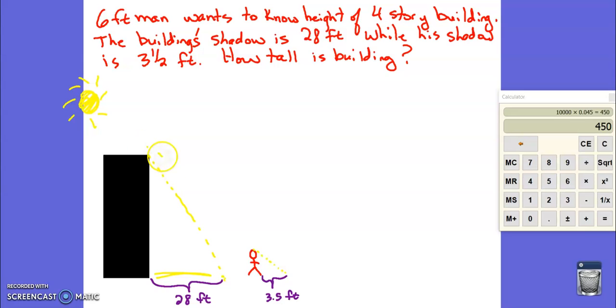So again, the sun is coming down, and it's making a shadow that's 3.5 feet long. We know the man is 6 feet tall, and we don't know the height of the building, but we're going to label that as h.